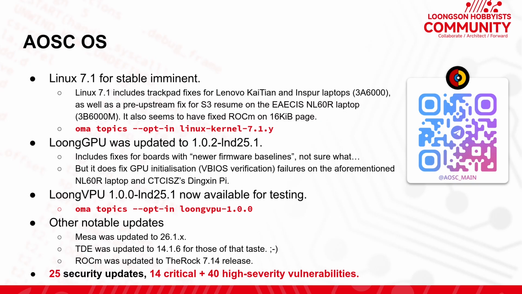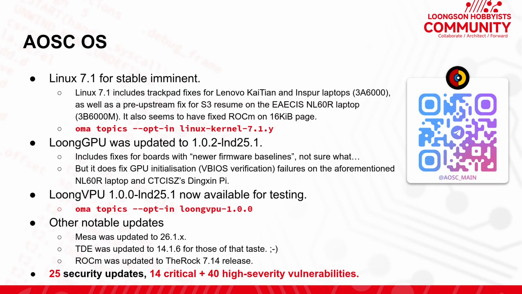Linux 7.1 for AOSC OS includes trackpad fixes for Lenovo Kaitian and Inspur laptops based on the 3A6000 chip, as well as a pre-upstream fix for S3 resume on the EAE CIS NL60R laptop, where the backlight would fail to turn on after resuming from S3, whereas the system runs as normal. The upstream patch is currently at revision 2, and it should be due to merge very soon. It also seems to fix ROCm on 16 kilobyte kernel pages as well.